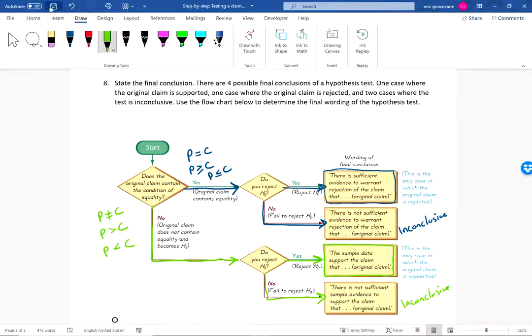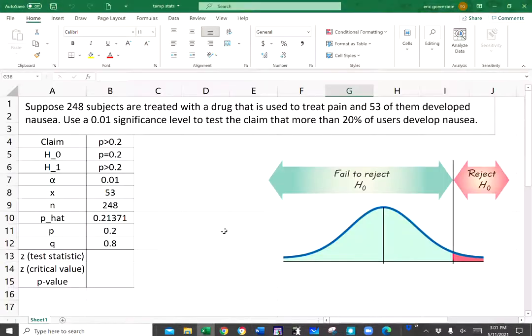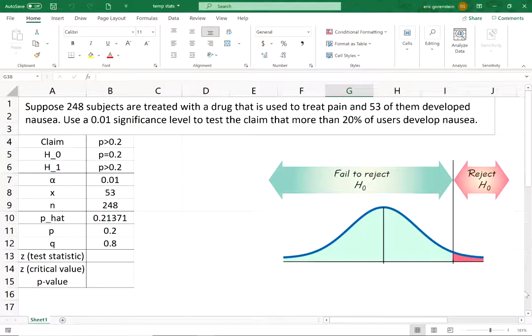So what I want to do now is put it all together, and we're almost done. I want to put it all together and just go through a hypothesis test start to finish. And actually I want to get rid of that because that's the stuff we want to calculate. Okay, so you're looking at the original problem. Suppose 248 subjects are treated with a drug.